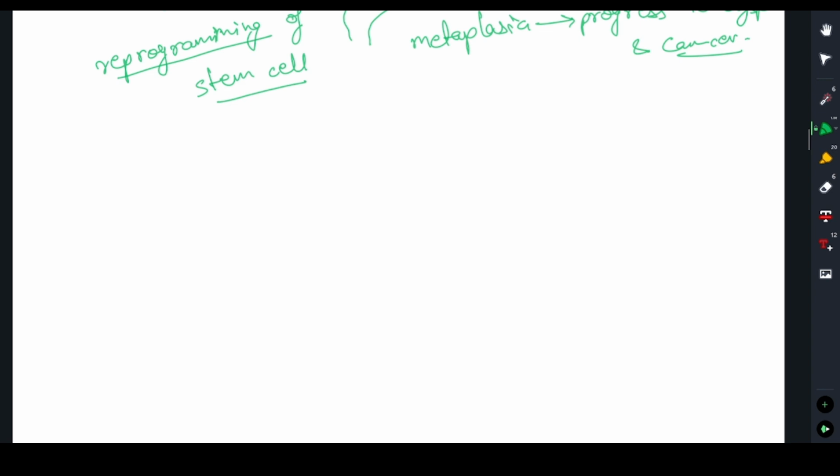But there is an exception to this statement. There is an exception where metaplasia cannot progress to dysplasia and cancer. And what exactly is that exception?